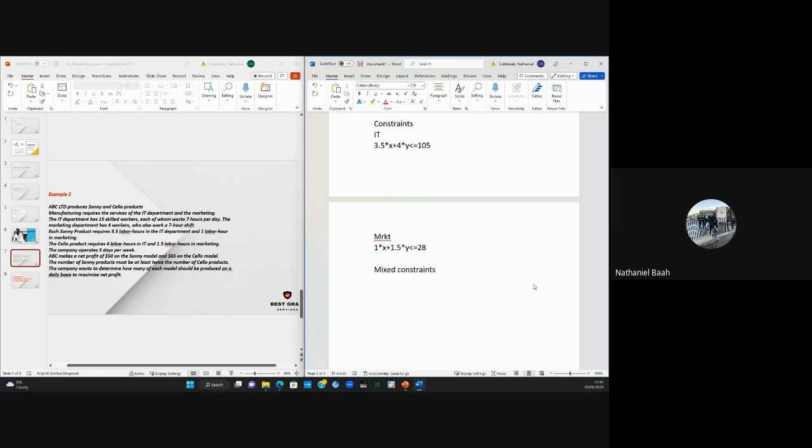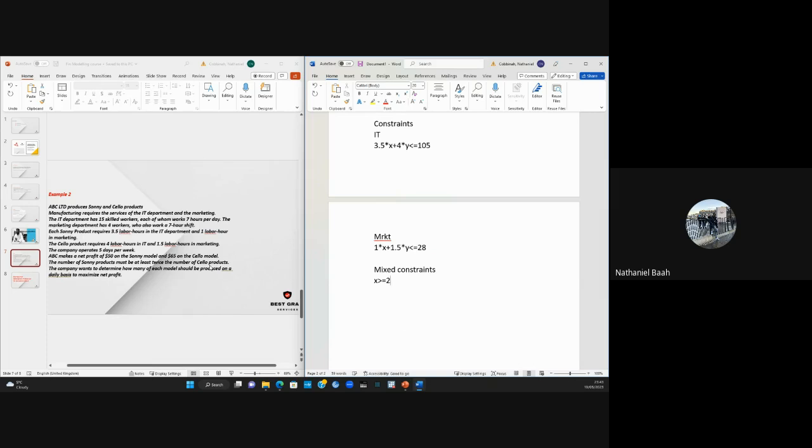And our mixed constraint says that the number of Sony X must be at least, means greater than or equal to, right? Must be at least, so greater than or equal to twice the number of Cello. And what is Cello? Cello is Y, right?